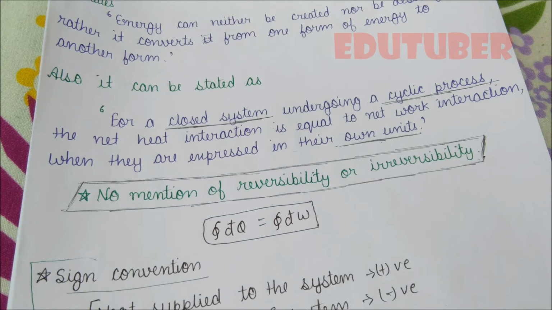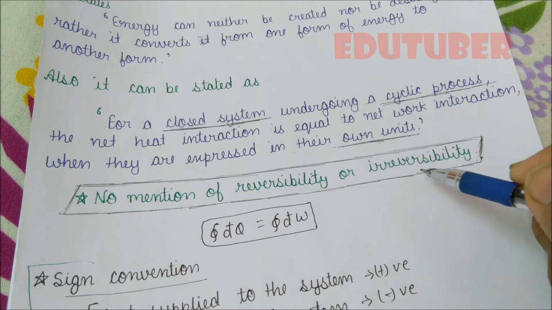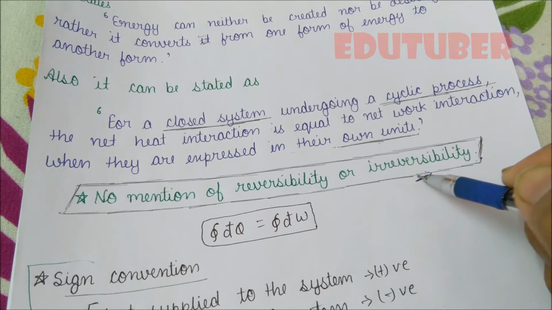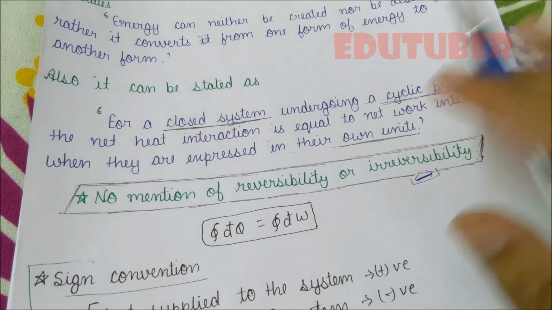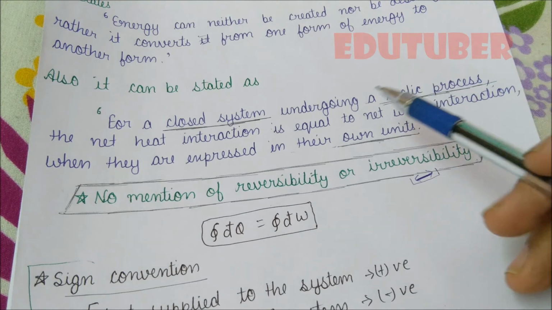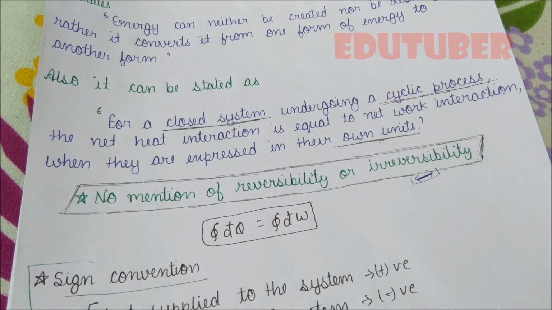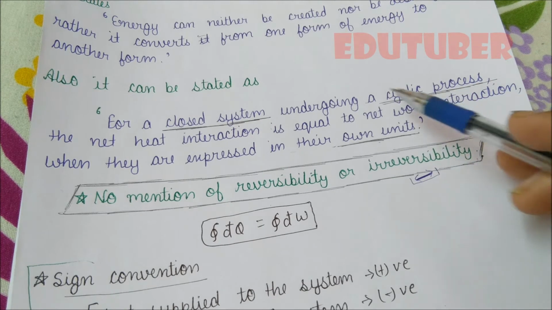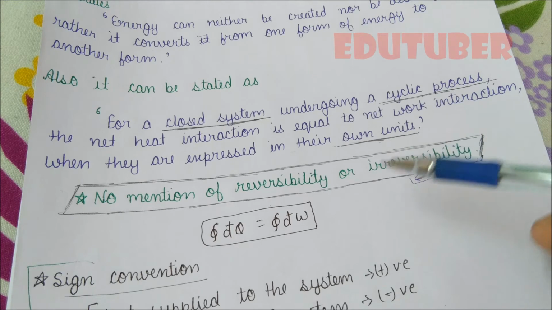Also, this is a very sensitive topic. The examiner hits this topic almost every time he asks about the first law of thermodynamics. People generally make the mistake of thinking the first law of thermodynamics is for a reversible process. Here it is written for a cyclic process. It is not only for a reversible process.